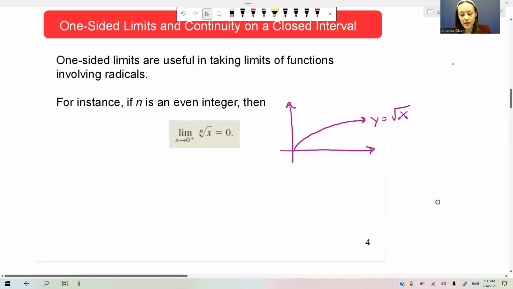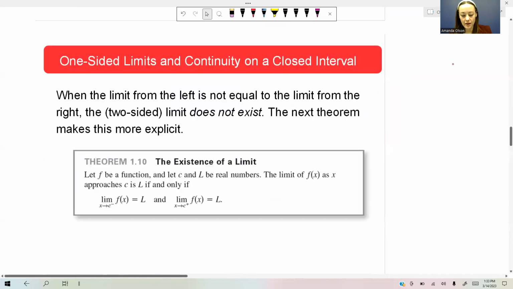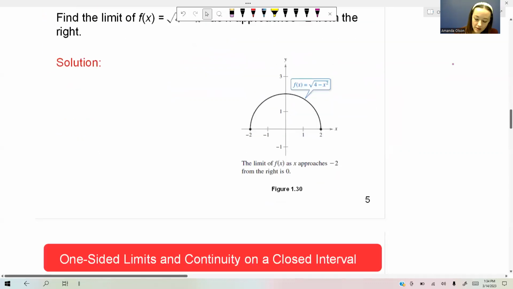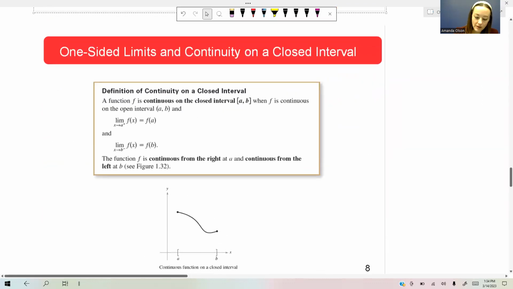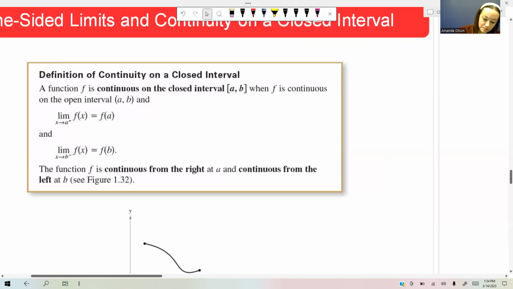So in order to talk about it being continuous at the specific point x equals 0, we add another theorem for continuity. If we consider the limit on the left and the limit on the right, we can talk about continuity on a closed interval.